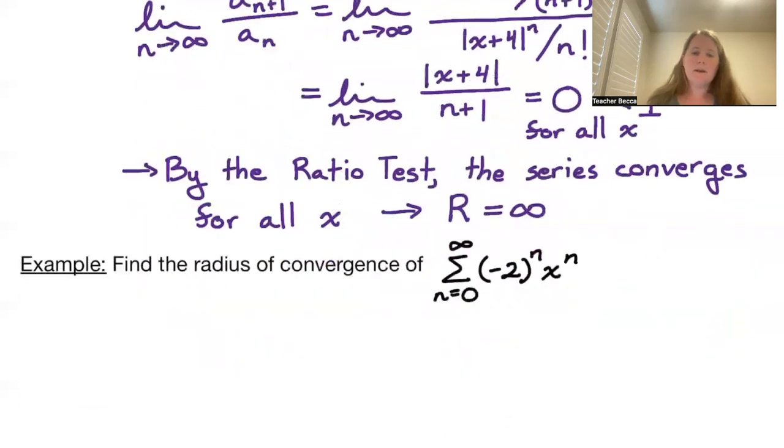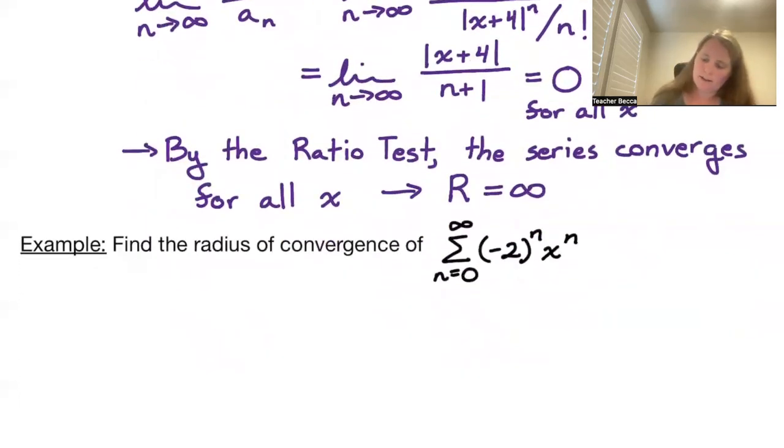Next up, let's find the radius of convergence of, I'm going to slightly change this. Let's make this the sum from n equals 0 to infinity of -2 to the n times x plus 1 raised to the n.